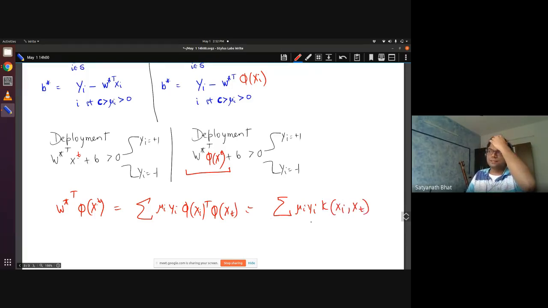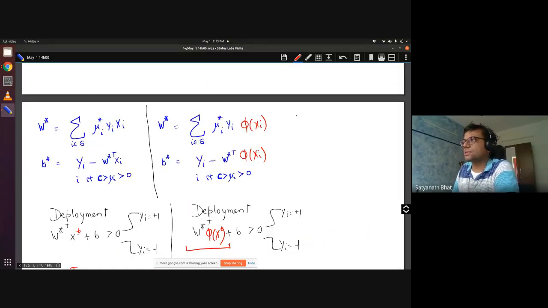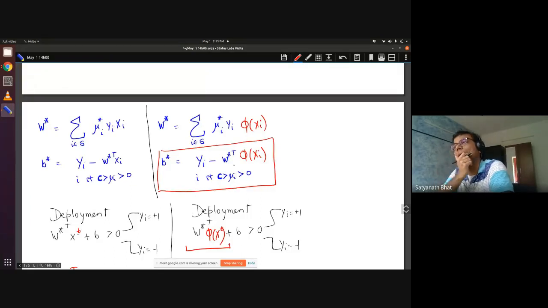So in that sense, we can actually do very high dimensional things as easily if you have a kernel. Now, I don't remember how we get rid of the b star here. I have to think about it a little bit. Oh yeah, this is also fine, because W star is also this.